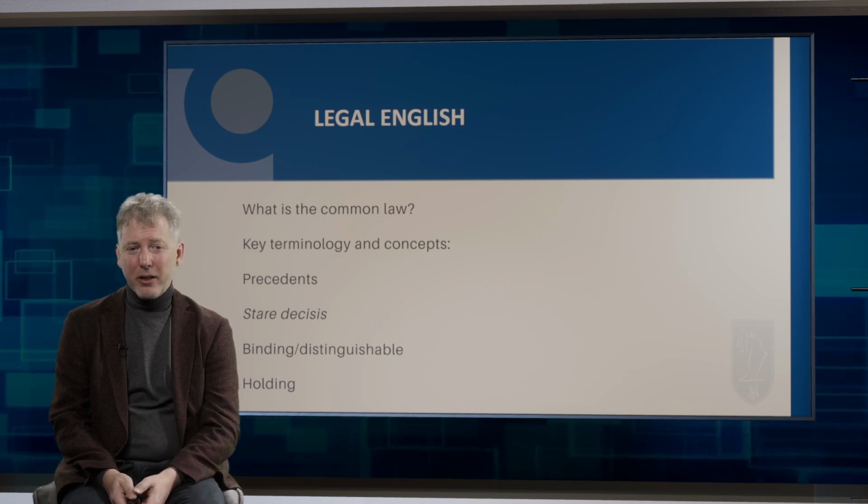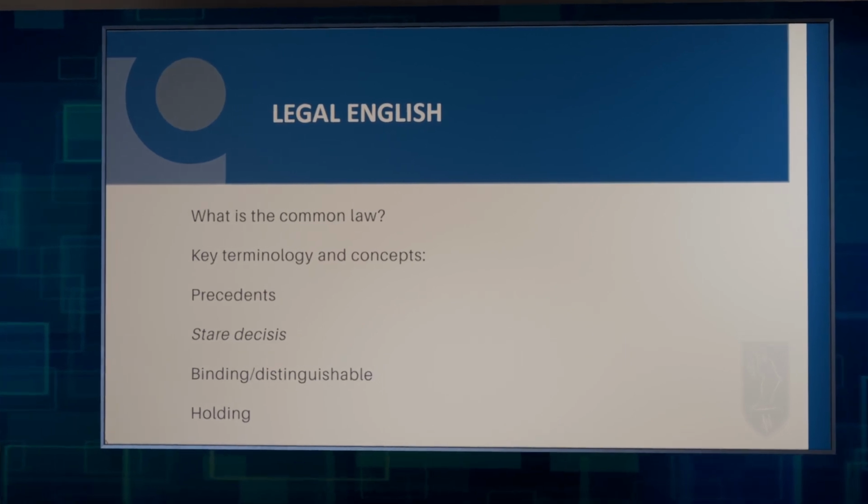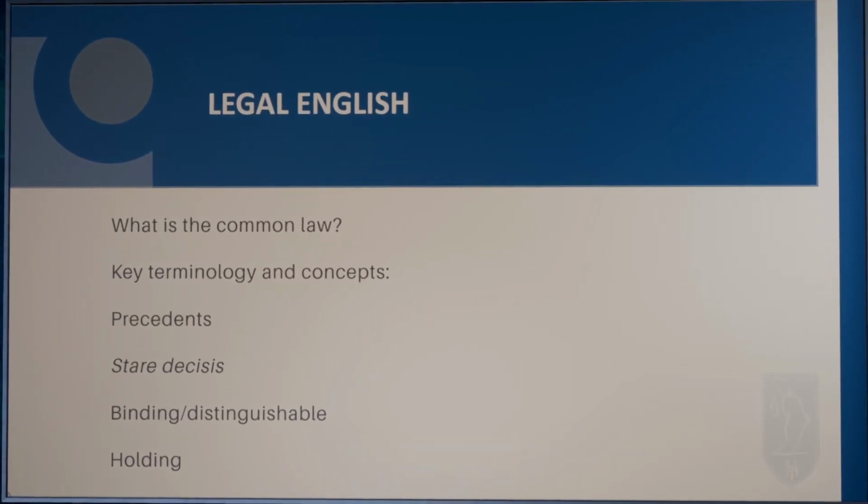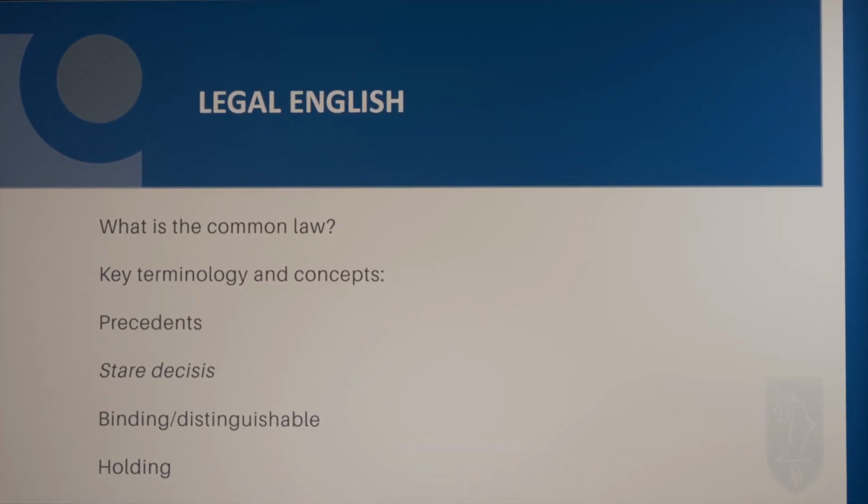Judges have a very key role in common law societies, and when they make decisions, depending on the hierarchy of the courts, other courts have to follow their decision. Sometimes this is known as, in a Latin phrase, stare decisis. It's a final decision, and lower courts in common law systems have to follow these decisions.